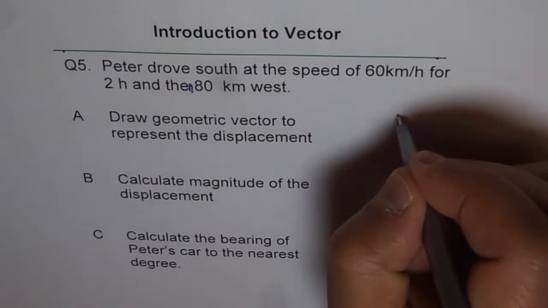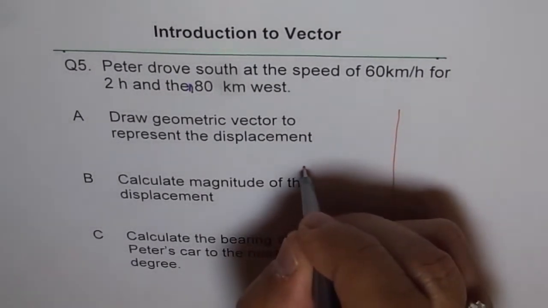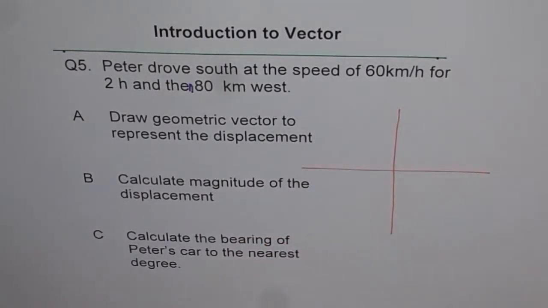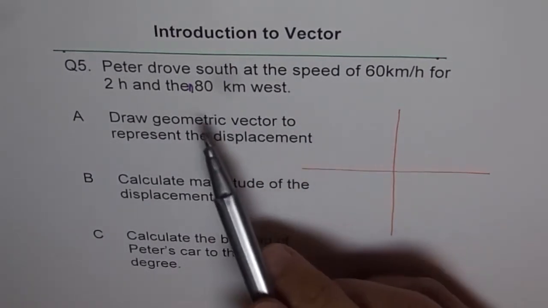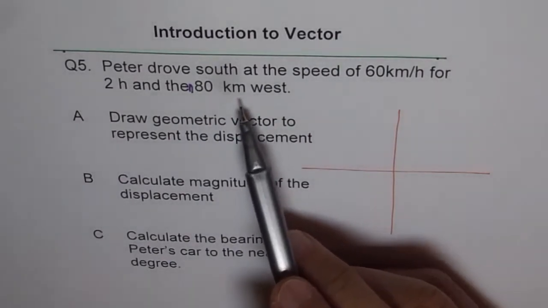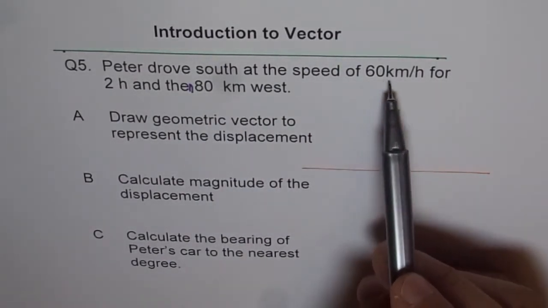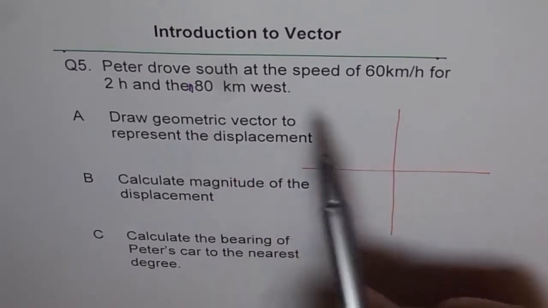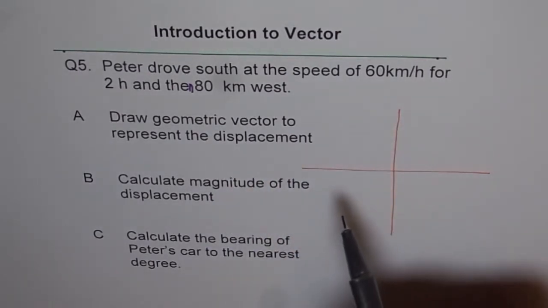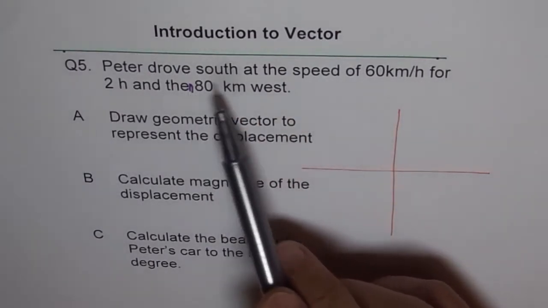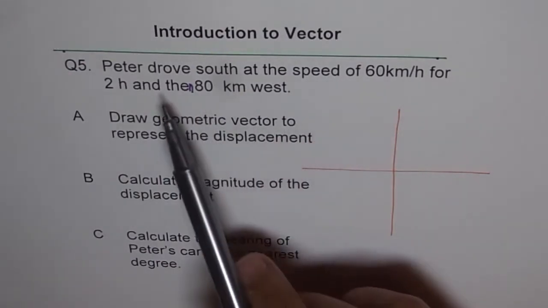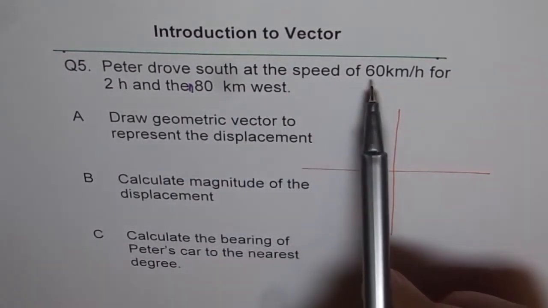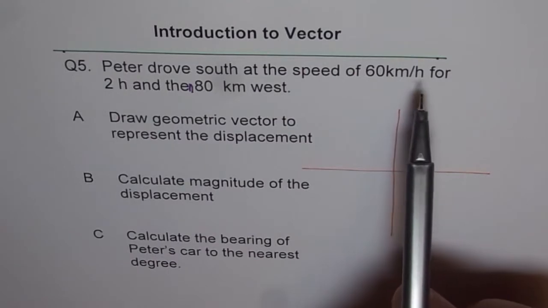So to solve this problem, let's make our grid, right? And define x and y scale, right? So let's say 80 kilometers we have to represent, and then 60 kilometers per hour for 2 hours. So these are the things, right? So let's work out distance. Now from the first part, we know he drove south at the speed of 60 kilometers per hour for 2 hours.